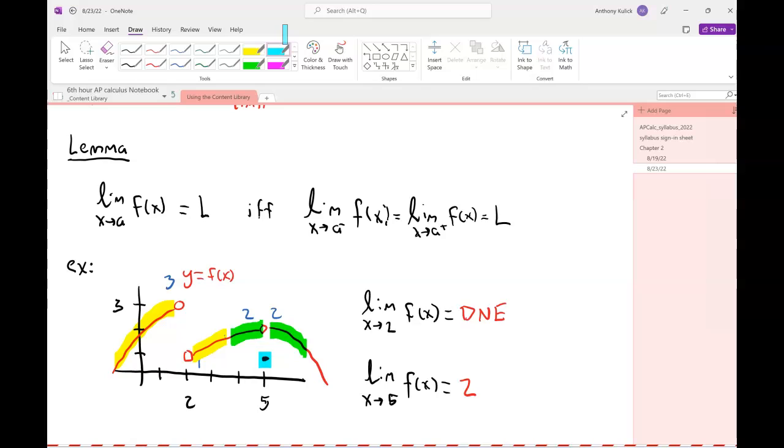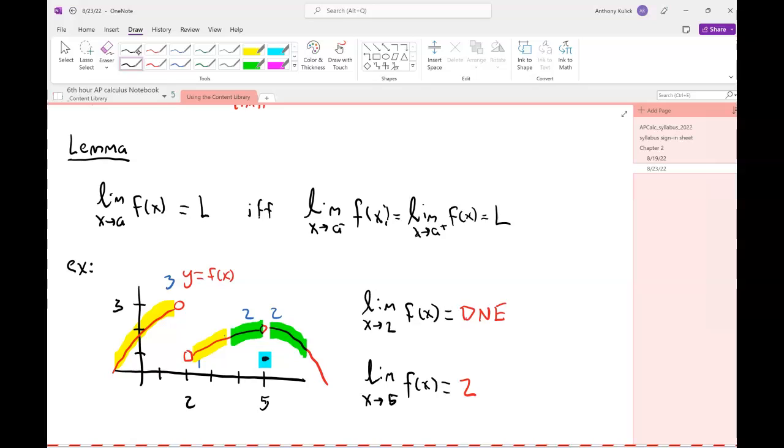So f of 2 was undefined. There's open circles at both ends when x is equal to 2. f of 5 is defined, but it's discontinuous. Does that feel okay? Doing all right still? Okay.